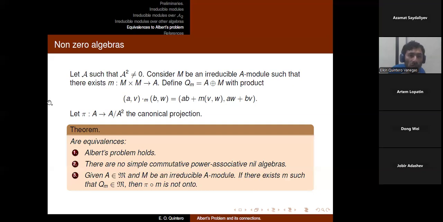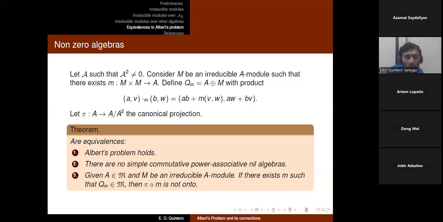In this case, we have the following equivalences. The Albert problem holds, there are no simple commutative power-associative nil algebras, and given a commutative power-associative nil algebra A and M an irreducible A-module, if there exists an application such that Q_M, this algebra, belongs to the commutative power-associative algebras, then the composition of pi with the application is not onto.